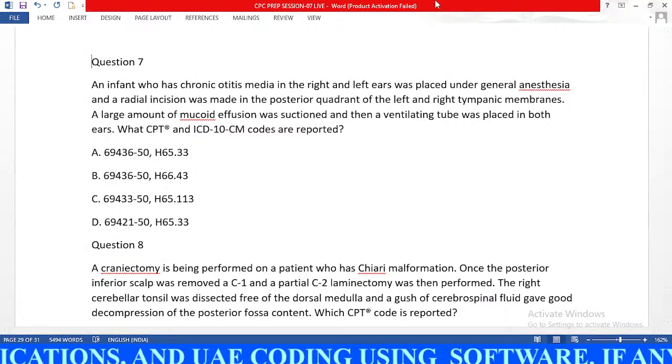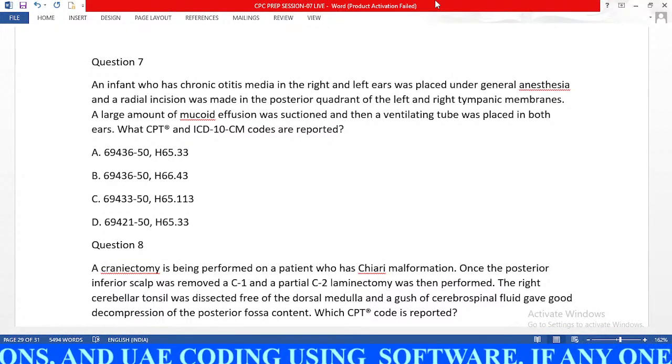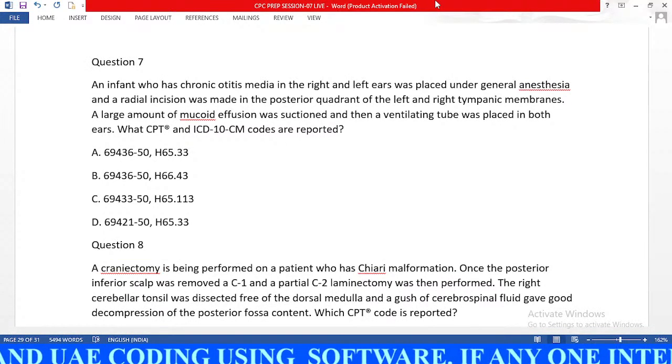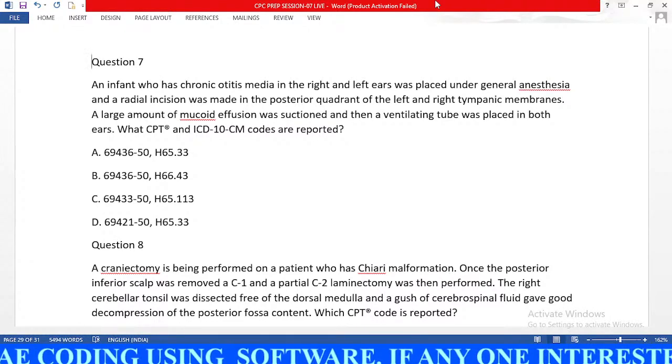So, Kusum Singh, you are not writing any answer. Try to write whatever you know. No need to worry about whether it is right or correct.